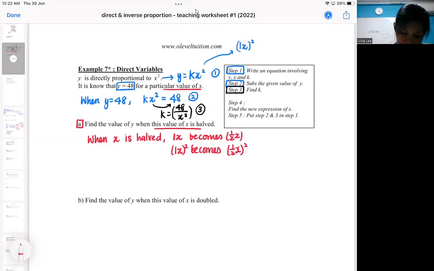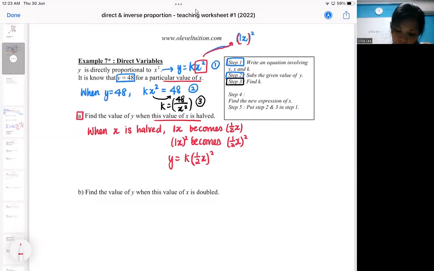That also means that y, instead of a 1x squared, will become a half x squared.